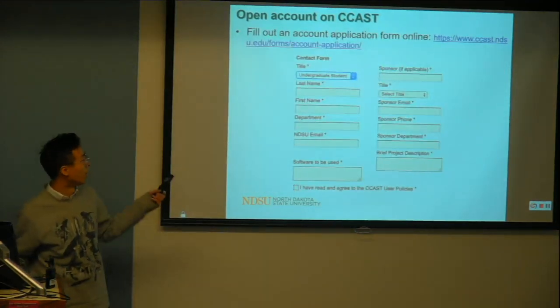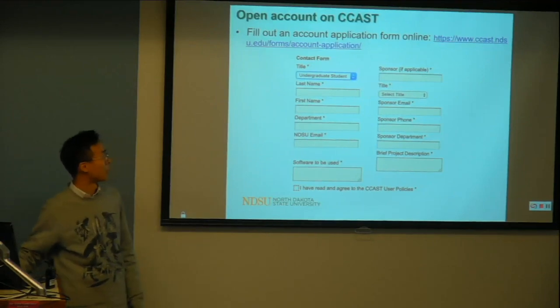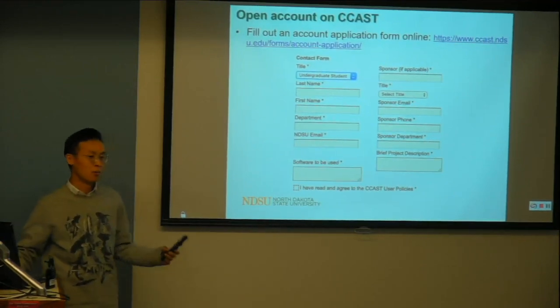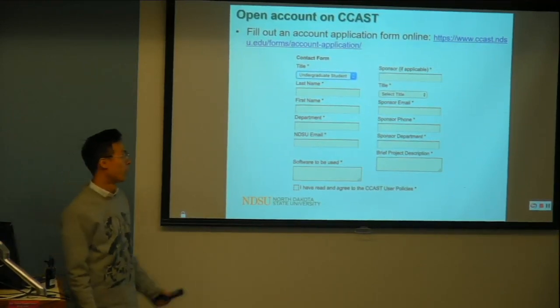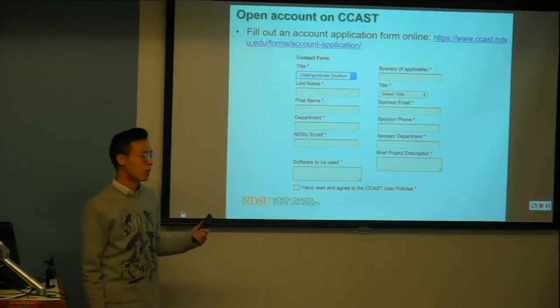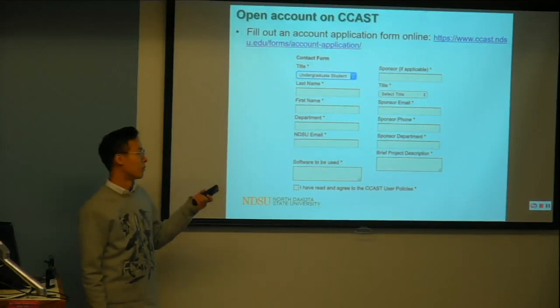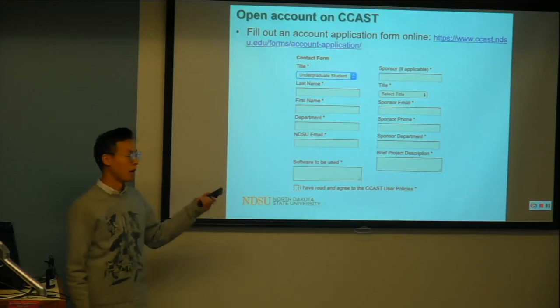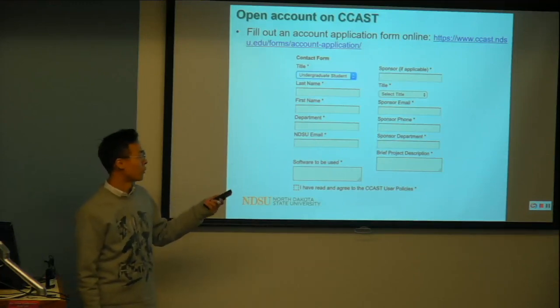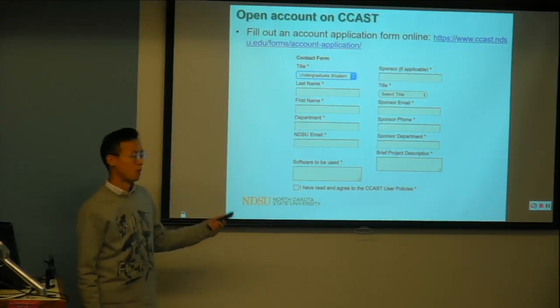The next step is to fill out the account application form online. You need to provide some information, but the only thing I want to mention is that you need to provide the information about your sponsor, and also the email address, phone number, and department of your sponsor.